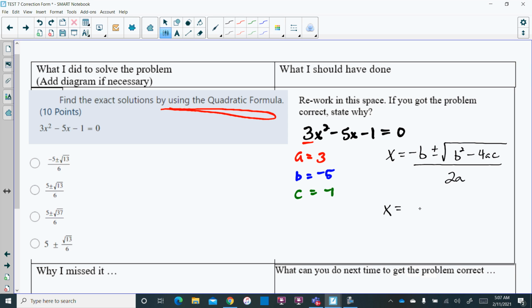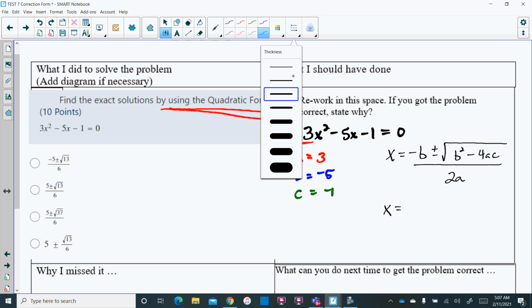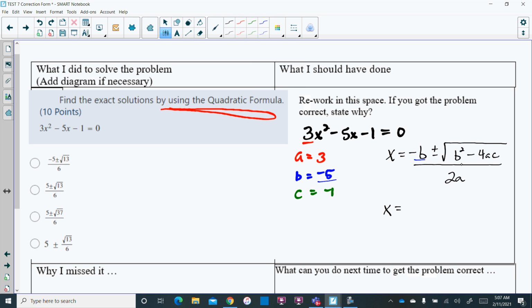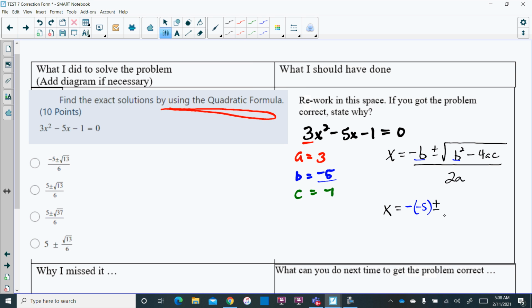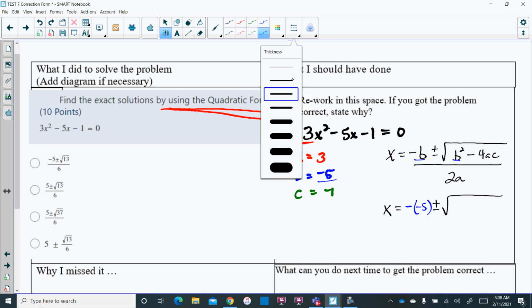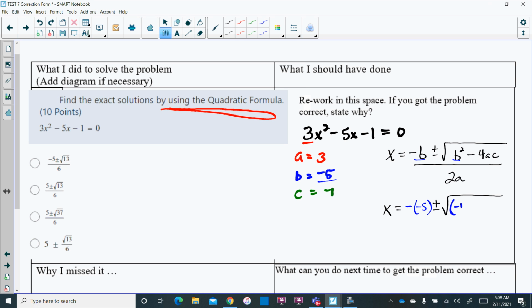I'm plugging in this -5 for the b part right here. So this negative is part of the formula, but our b is already negative, so it's going to turn to positive when we simplify. So then we should have a plus or minus, then our square root, then I'm plugging in for b this -5 parentheses squared.